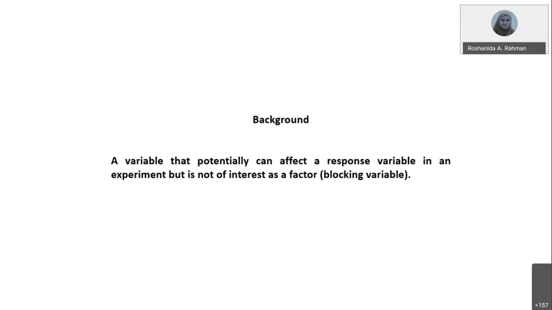Now, how about the other variables? As I mentioned just now, maybe from your literature review you have 10 factors. You think these 10 factors really affect your process, but you only want to choose 3 factors to study.